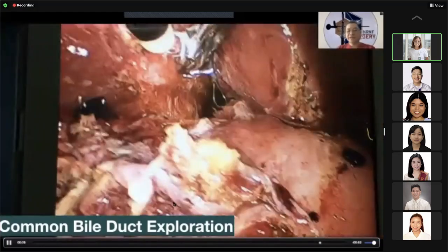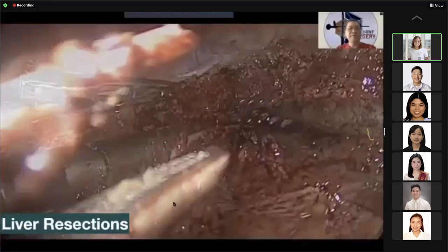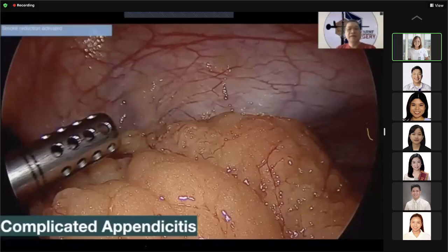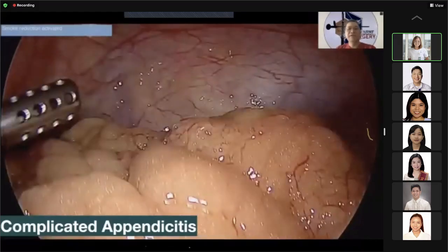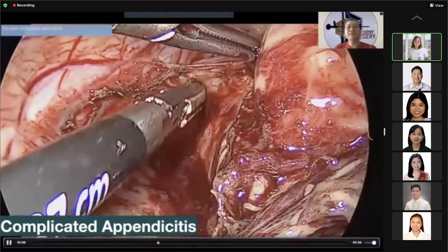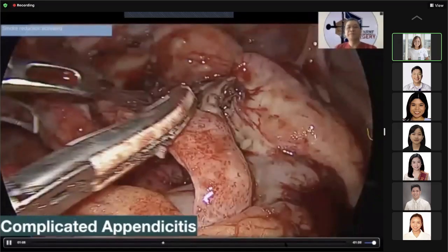This is liver resection. Still very minimal bleeding with the use of this advanced bipolar system. Complicated appendicitis. As I've said, we use this more commonly now because complicated appendix would have a longer recovery if you do it in open surgery.